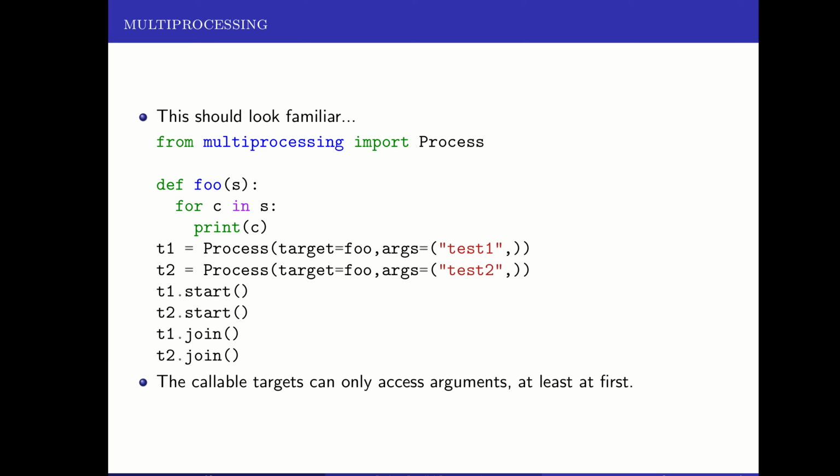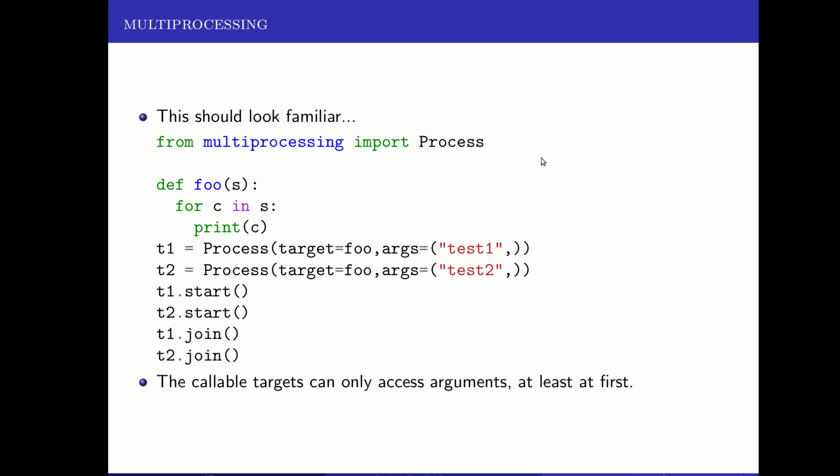This is helpful because that means if you tried something with multi-threading, and it turns out it would actually be more effective as multiprocess, then some of the interface of how you set stuff up might still be transferable. The main difference will be that issue of shared memory. The two callable things here, the foos that I have fed here, can only access their own arguments at first.